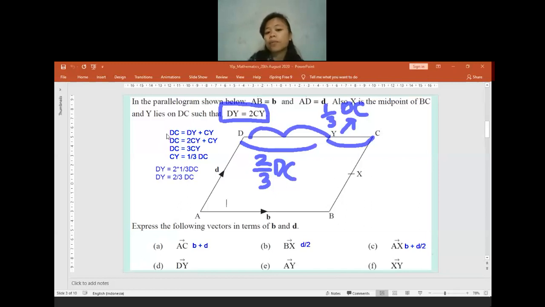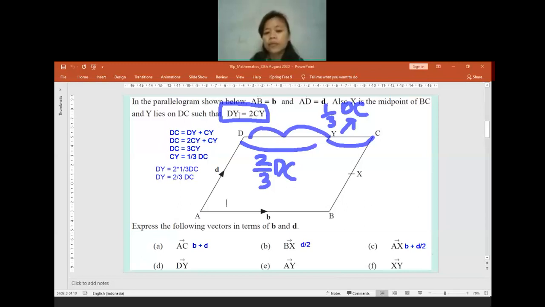Because it's given from the question, from the sentence that already has a box on it, dy is equals to 2cy. 2cy plus cy in total will be 3cy. So if I'm going to find cy, I can just divide dc by 3. That's why it will be 1 per 3 of dc.